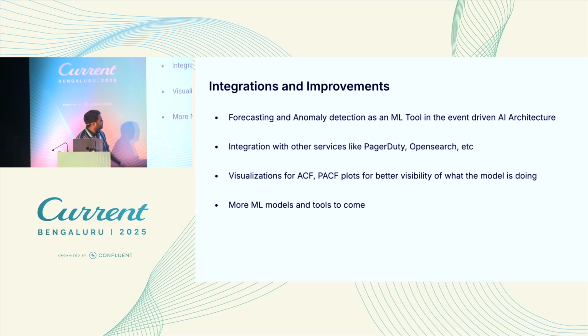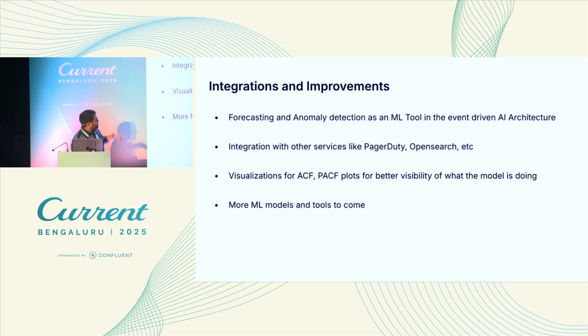What's coming next? I quickly touched on the first one, where we see this forecasting and anomaly detection as an ML tool in the event-driven AI architecture. It's one part of the big system, where you can create pipelines through this within Flink, or through, I know MCP is really popular these days, some sort of MCP servers.